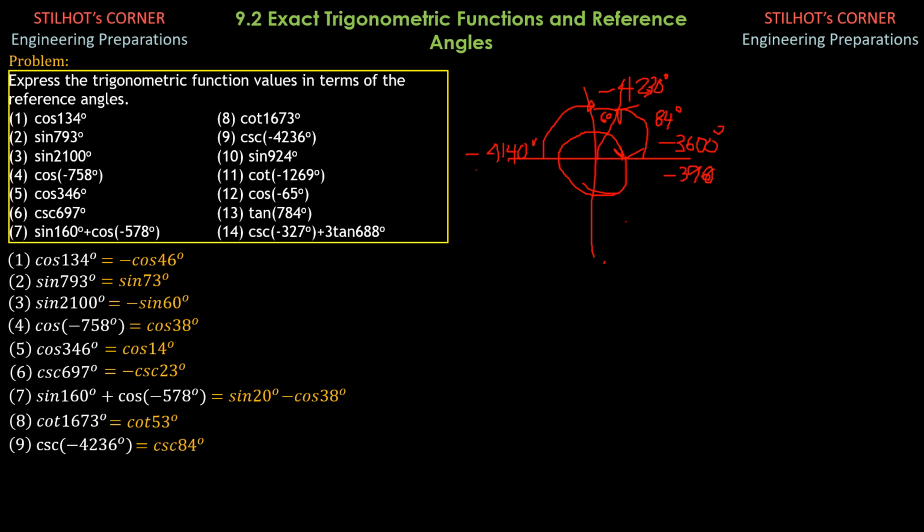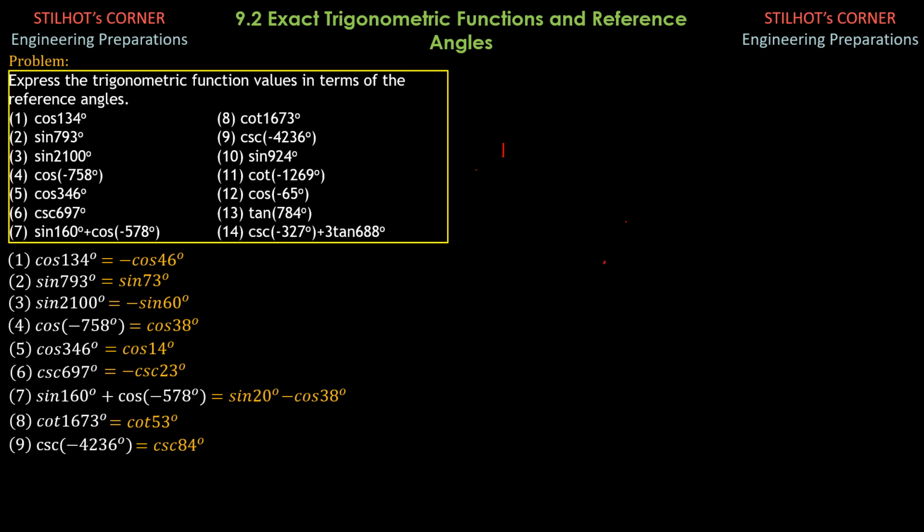Then we proceed to sine of 924 degrees. 924 degrees is positive, so counterclockwise measurement. 360 times 2 is already 720 degrees in counterclockwise direction. 720 plus 90, 810 plus 90, 900.